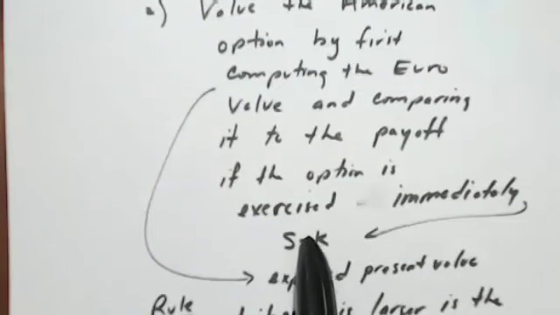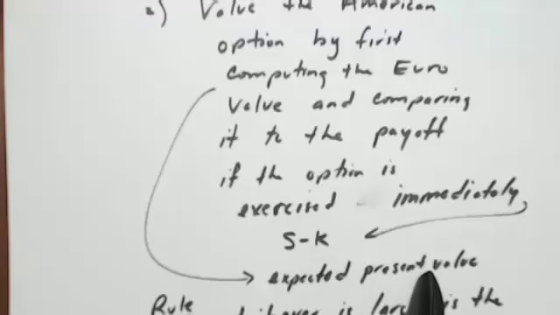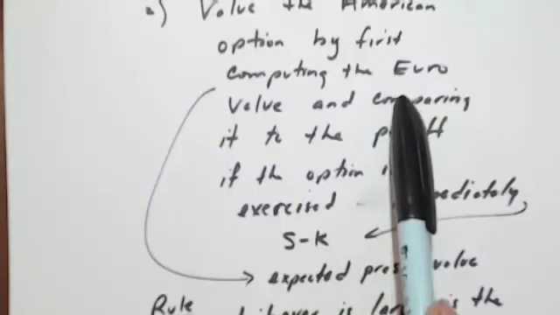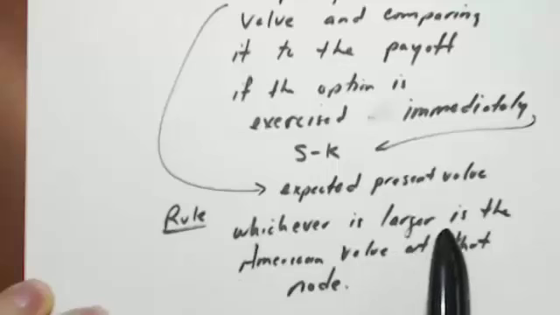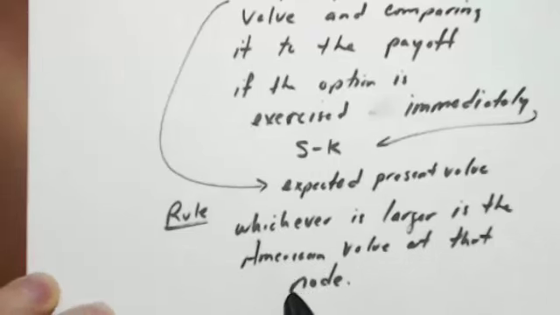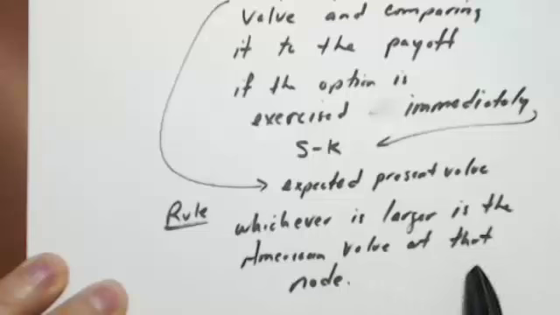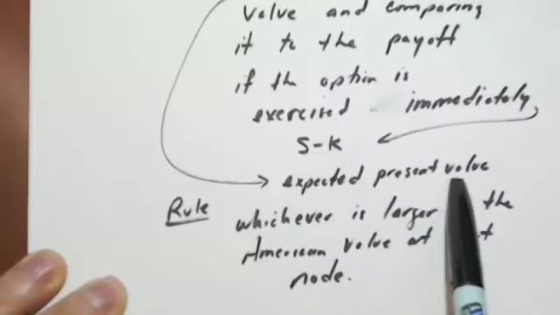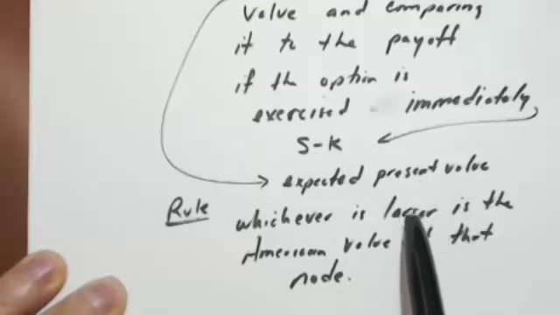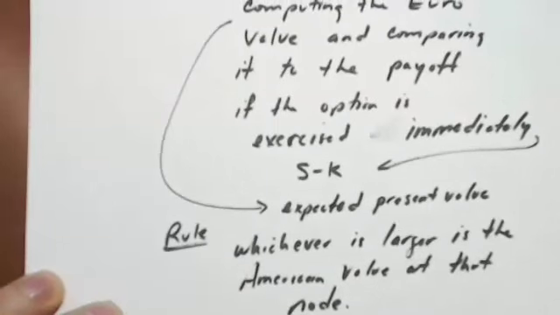On an American option, if we were at any particular node and we were to exercise it, this is what we would get. We want to compare it to the expected present value of the option, which is the European value. So the rule is whichever is larger is the American value at that node. So we're going to compare S minus K versus the expected present value, which is the European value. Whichever is larger, that's the American value. So let me build the tree.